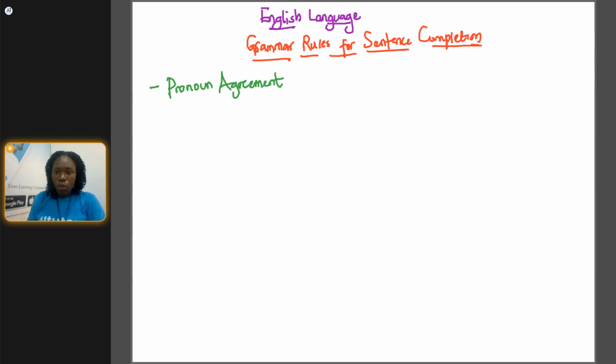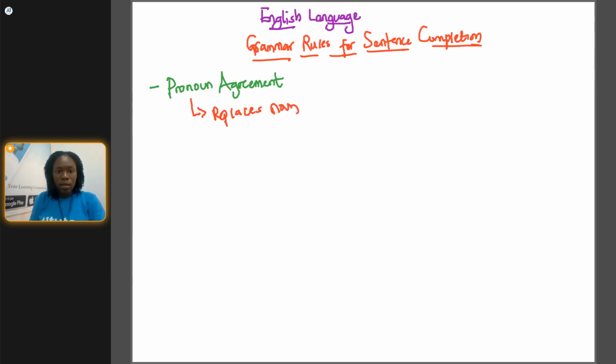We are familiar with the fact that a pronoun is used to replace a noun. So we should not forget that a pronoun replaces a noun.